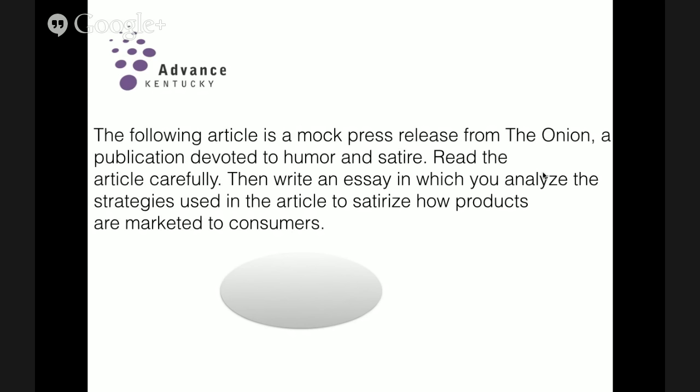Okay? So I'm going to ask you one more time to take a look at this and what should go in the circle. It's not the devices. That's not the center of this. It's how, in the article, how products are marketed.